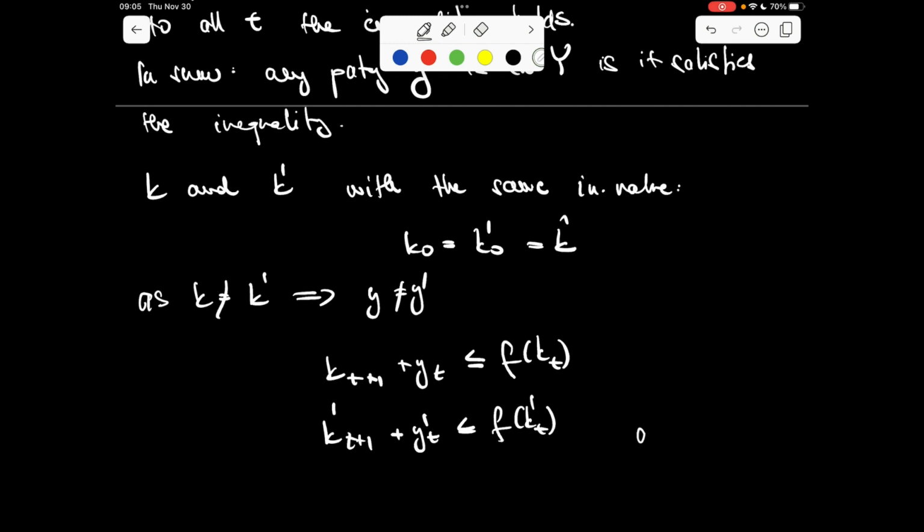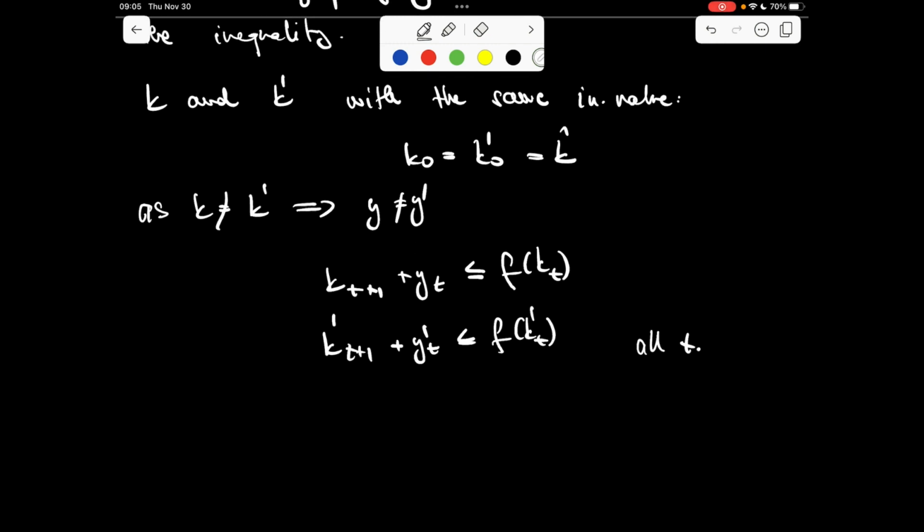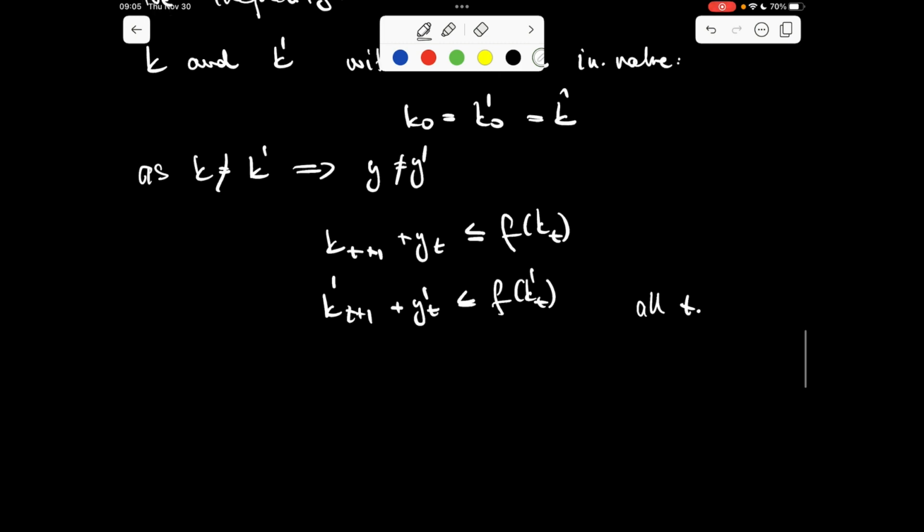To realize this, we only need to realize that we need 2 different consumption paths.